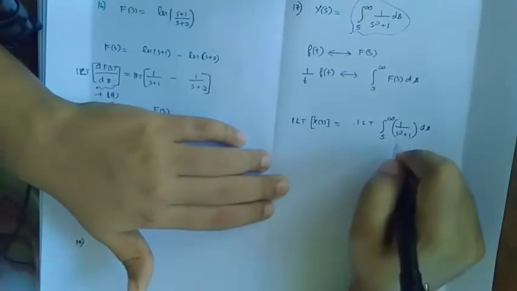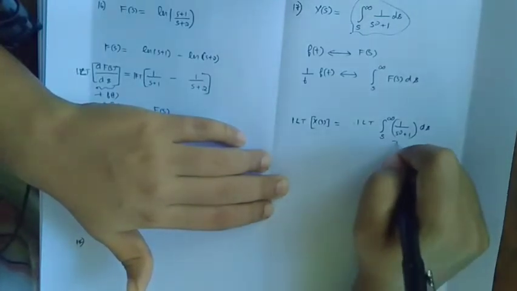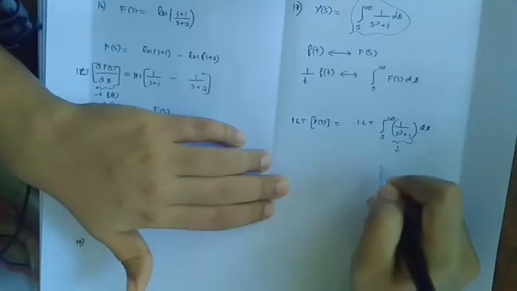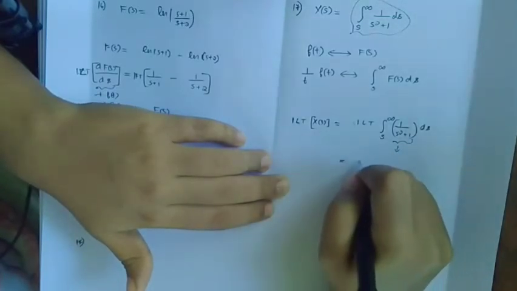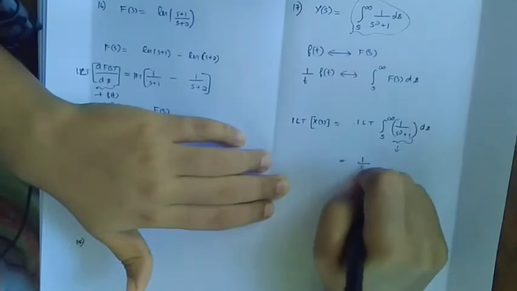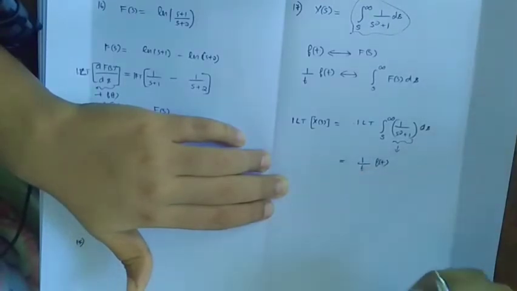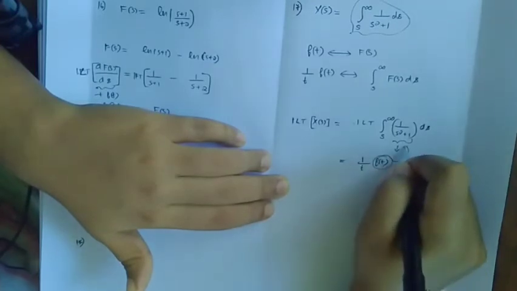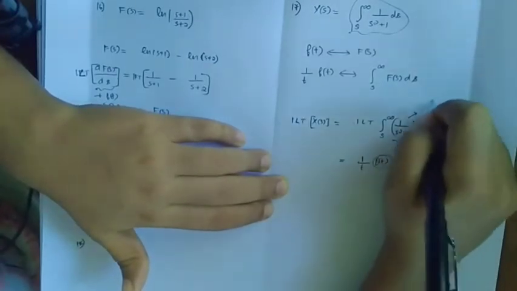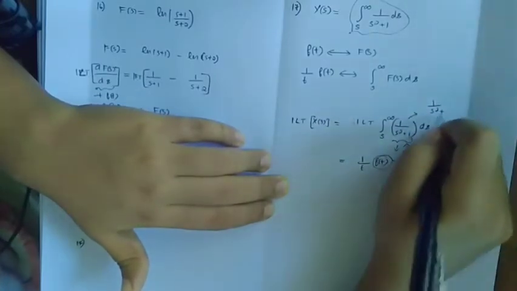So this is the Laplace transform; we'll get (1/t) f(t). The Laplace transform of f(t) is this particular thing, that is, 1 by s squared plus 1.